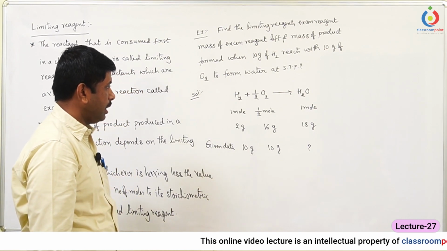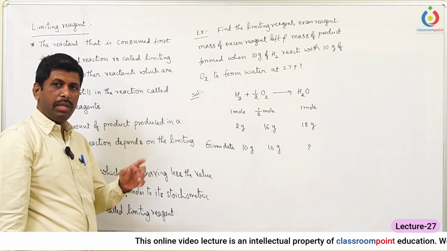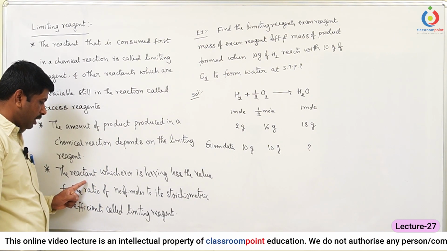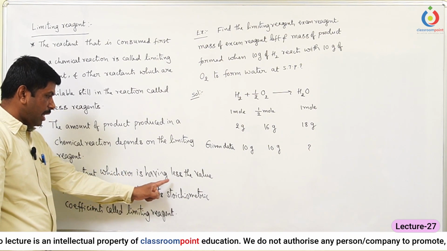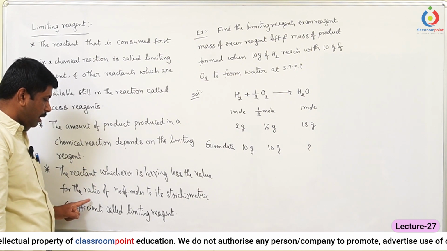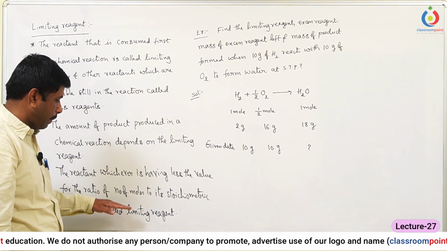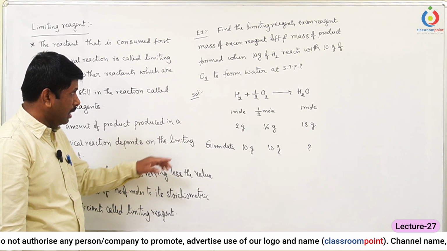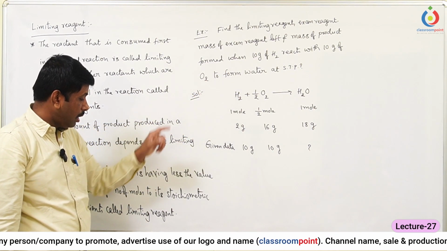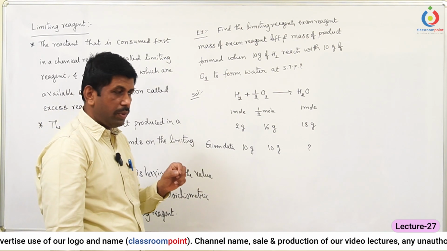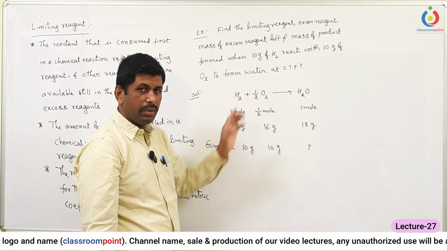So our duty is to find out the limiting reagent first. How to identify the limiting reagent? The reactant which has the lesser value for the ratio of number of moles to its stoichiometric coefficient. Number of moles can be calculated from the given data, and stoichiometric coefficients are nothing but the numbers we are using in the balanced chemical equation.